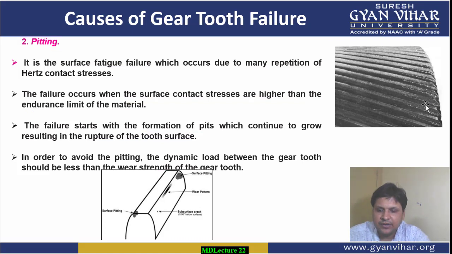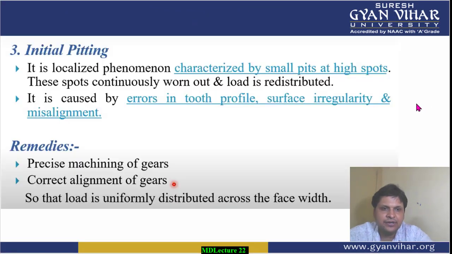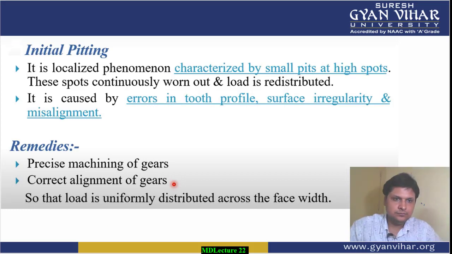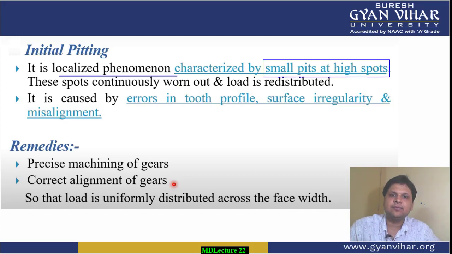Moving further, once again I am telling you about pitting. In initial pitting, students, what happens? As I have told you, it is a localized phenomenon and it is characterized by small pits at high spots.